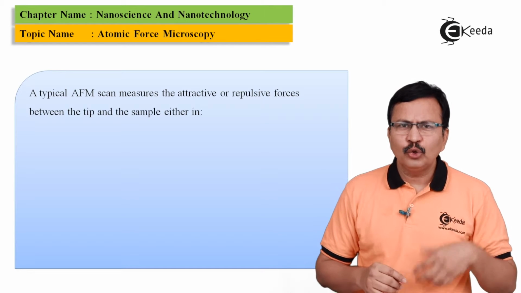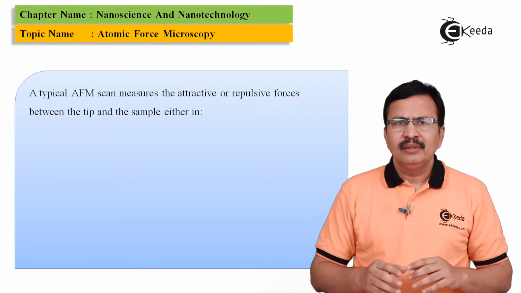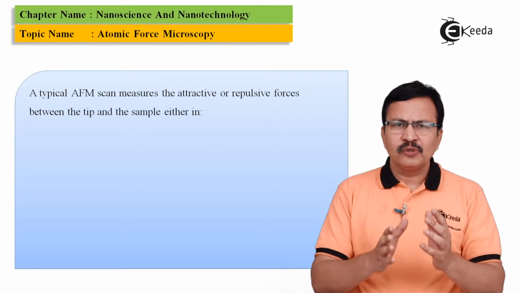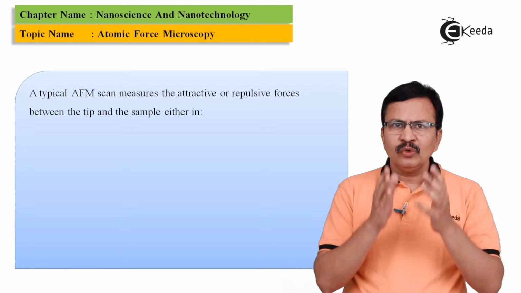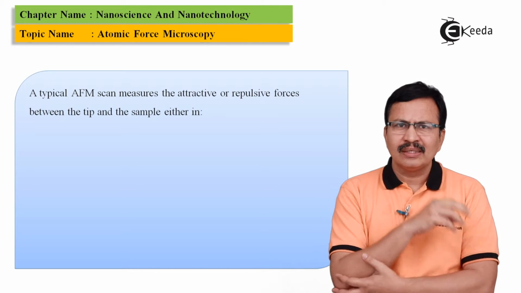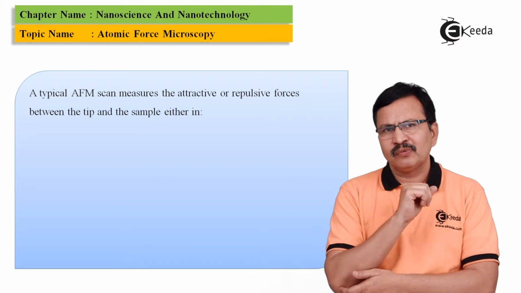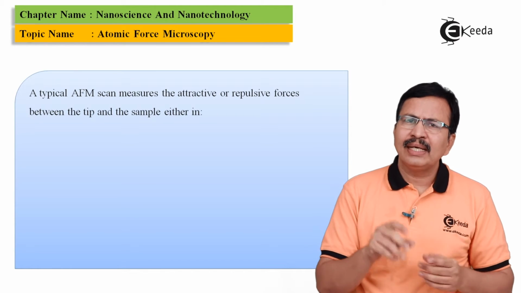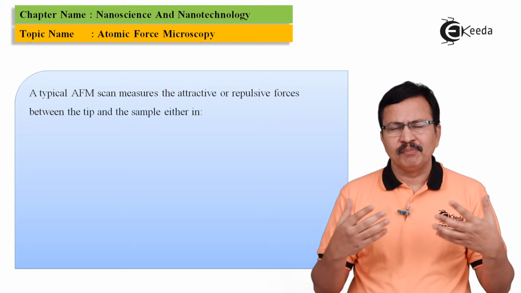Now, there are two ways in which the atomic force microscope works. One method is the direct contact method. This is very simple to see.